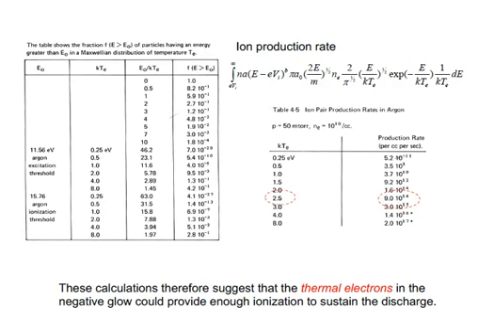And if the electron energy is 8 electron volts, then the ratio of high energy electrons becomes 42%.